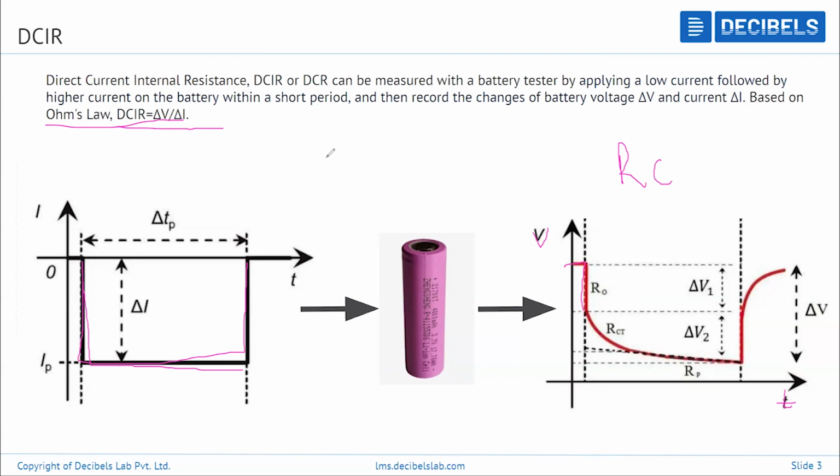The final voltage response will be your terminal voltage: OCV, that is open circuit voltage, minus the voltage drop at R1, minus the voltage drop at R2. When you subtract these, you get UT, that is terminal voltage, right? With the help of these data, you are going to develop the cell model, and this is what you get as a response. So this is DCR based testing, getting the data and developing the cell model.